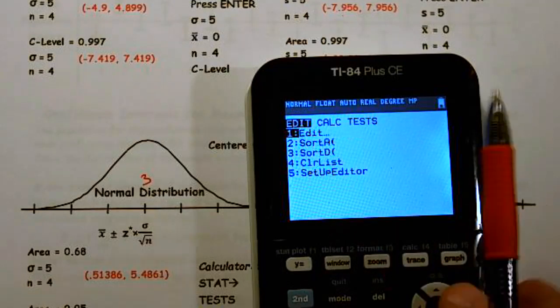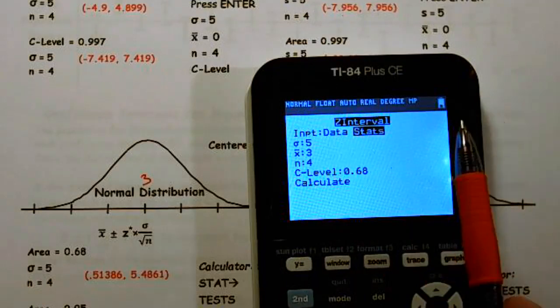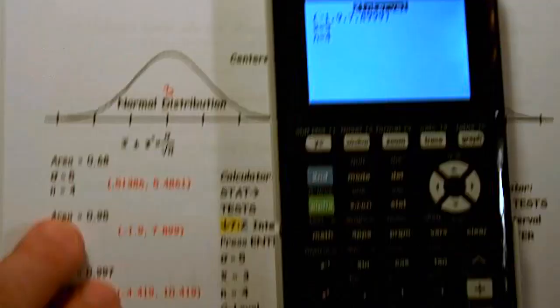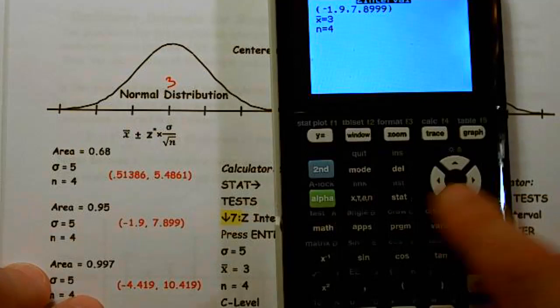If I rerun it, doing the same thing, but with a 95, I get these values right here. And then I'm going to rerun it one last time with the 99.7, then we'll make the comparison to the t.